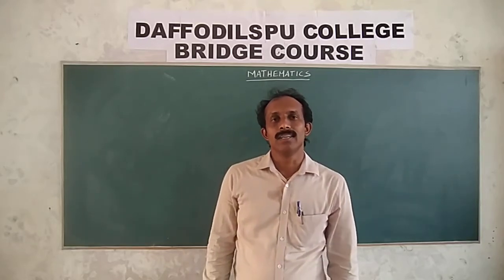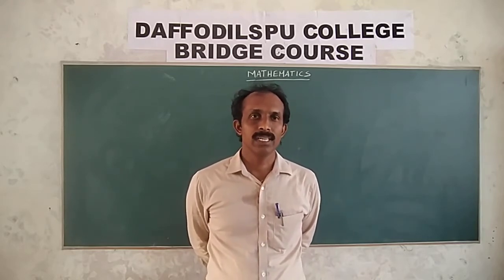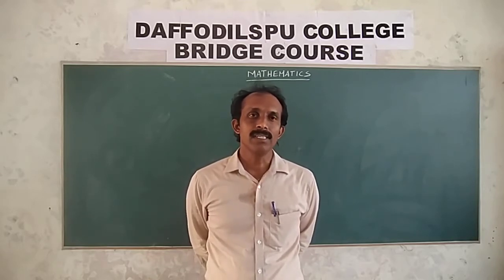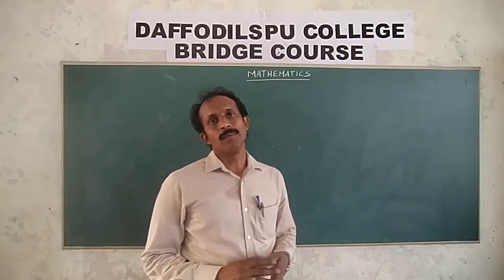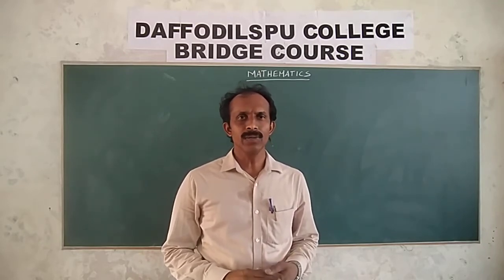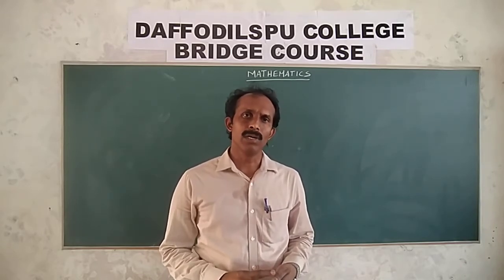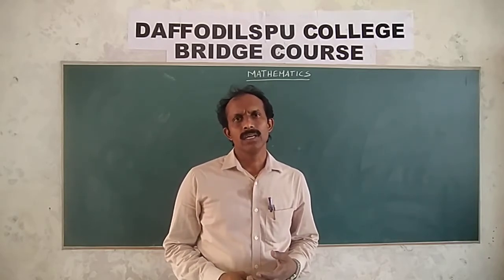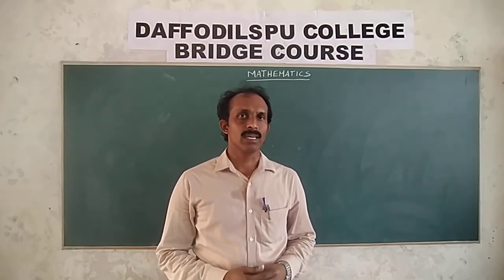Morning, students. In the previous class, we discussed the properties, the addition laws, in the different sets of numbers. Those are closure property, commutative property, associative property, additive identity, and additive inverse for different sets of numbers like natural numbers, whole numbers, integers, and next rational numbers, and throughout real numbers we discussed this concept.